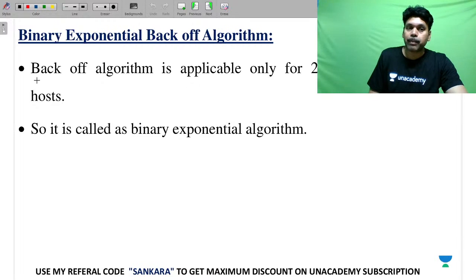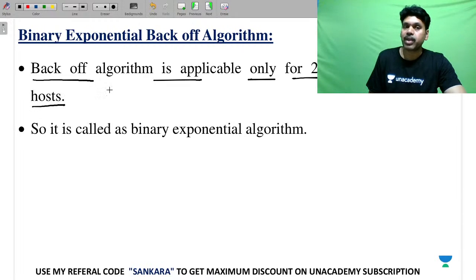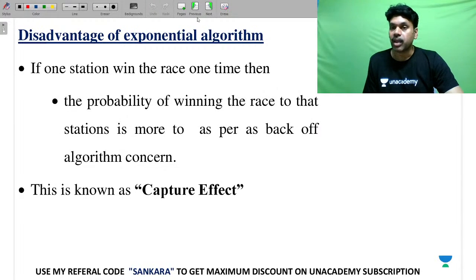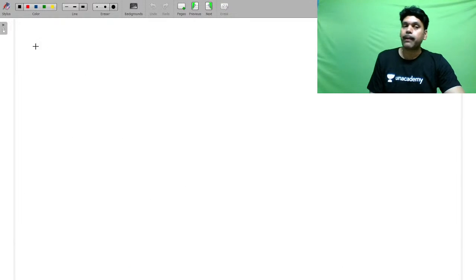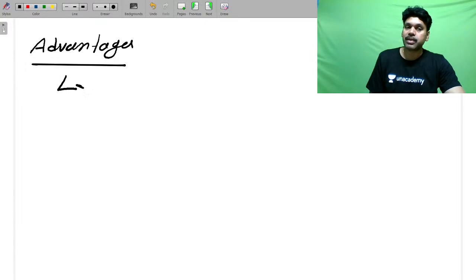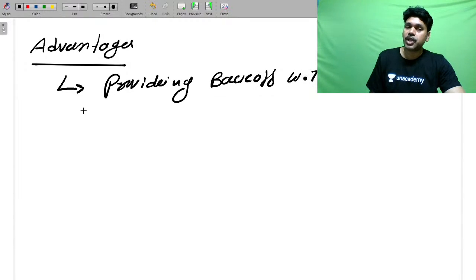According to that, the Backoff algorithm is applicable only for two hosts. That's why it is a binary exponential Backoff algorithm. So, advantage and disadvantage. The advantage is that, as we understand, further collisions are not expected.